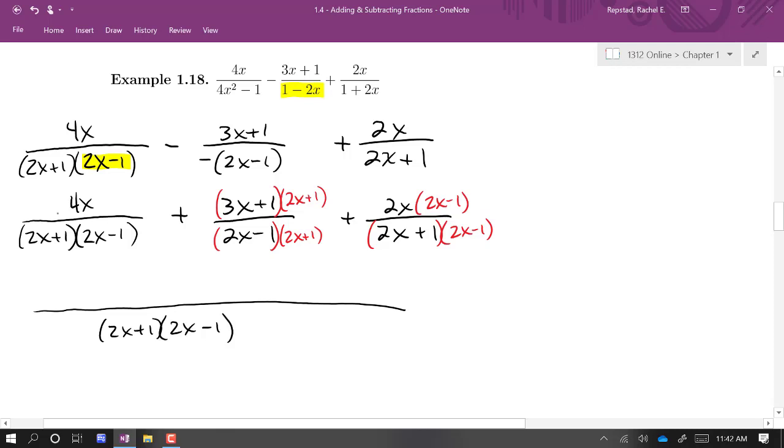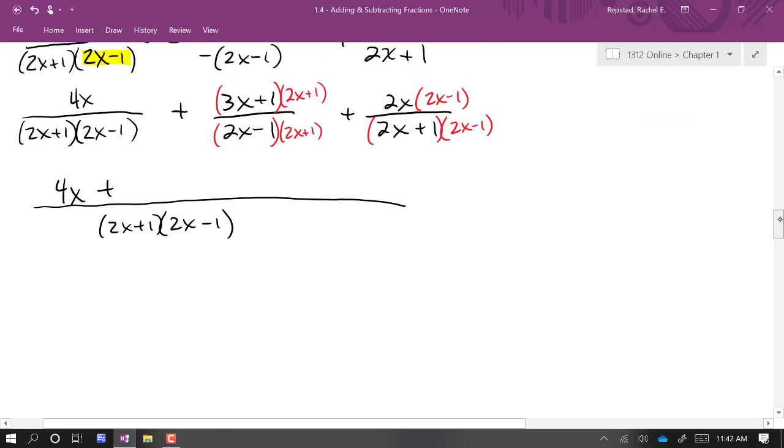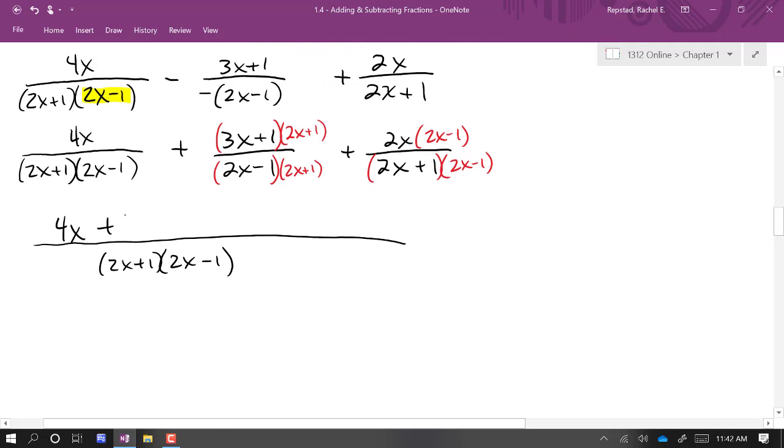Now I'm going to pull down these products. So I've got 4x to start with, bring down the plus, in the middle 3x plus 1 times 2x plus 1. Bring down the plus, and then 2x times 2x minus 1.